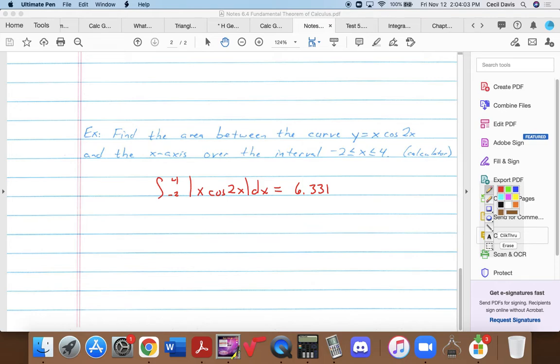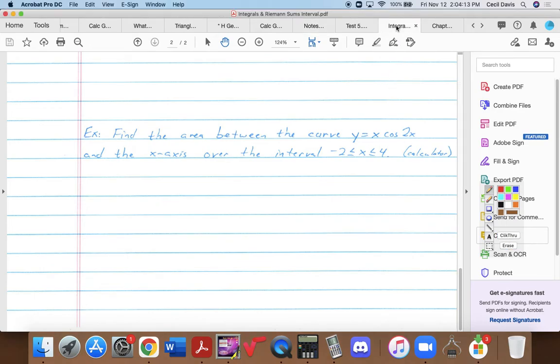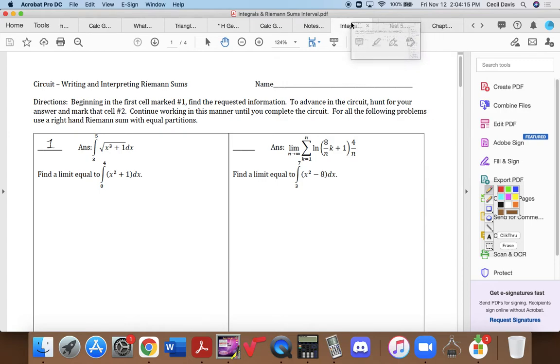Disgusting. All right. If you would please get out the sheet that I gave you just 2 days ago. It's gone into the abyss. I can't do anything about it now.